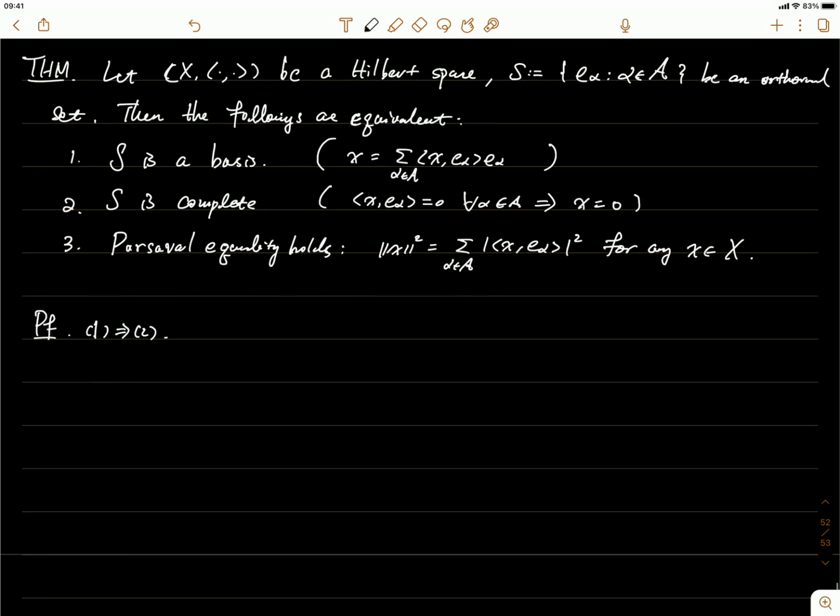Suppose S is a basis. We want to show that it's complete. If not, so we prove by contradiction, then that means there exists some x that is non-zero such that <x, e_alpha> is 0 for any alpha.